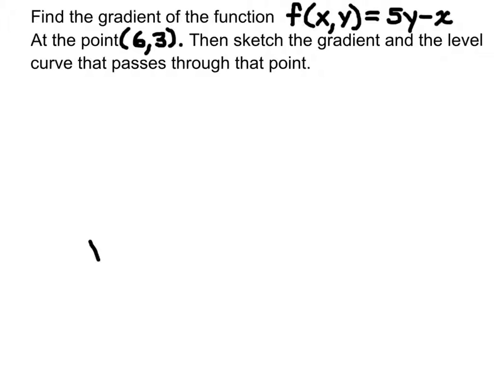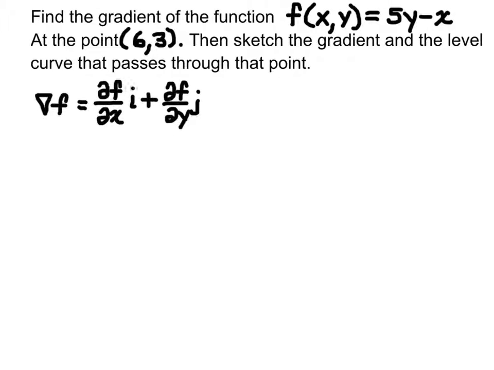So the gradient of f has two components. It is the partial derivative of f with respect to x in the i direction plus the partial derivative of f with respect to y in the j direction.